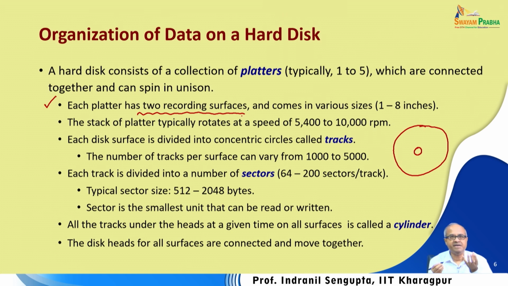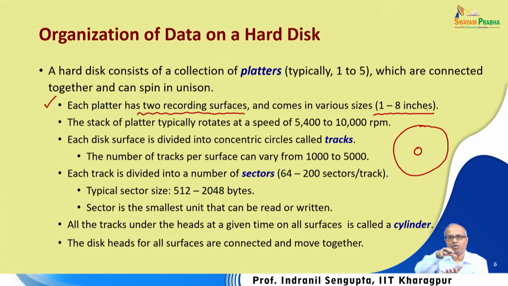And as I said, the platters come in various sizes. There are very small hard disks of the order of 1 inch diameter, it can be as large as 8 inches also, even larger, earlier disks were even larger. And as I said, there is a motor which makes the platters rotate at a very high speed.